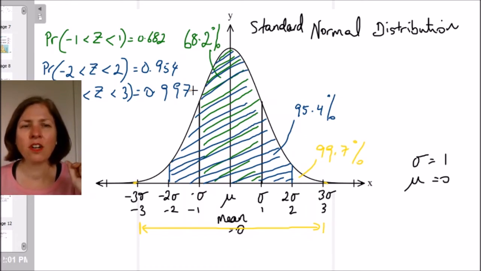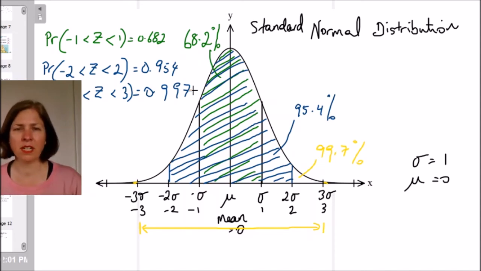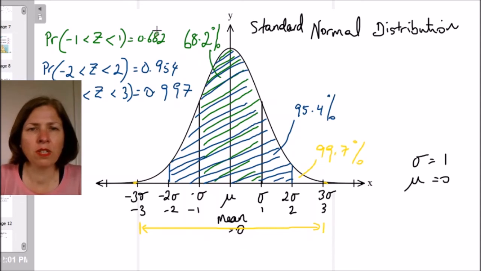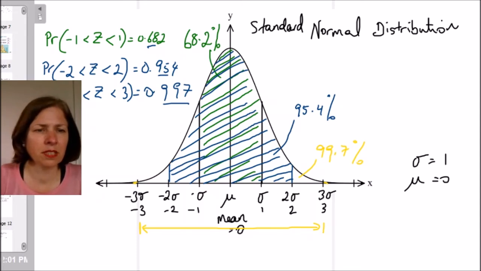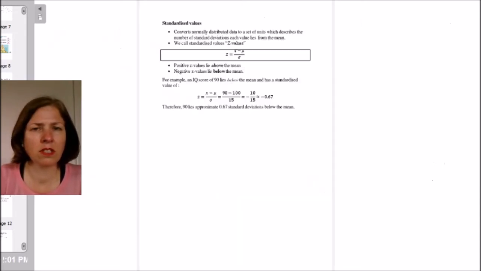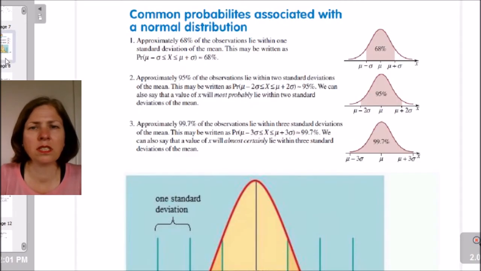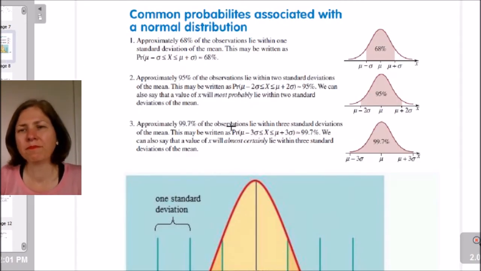So these are known values that you are expected to have a pretty good idea of. We need to know 0.68 and 0.95 and 0.997. Okay. So what we have here is a summary of this, and this should be in your handouts.